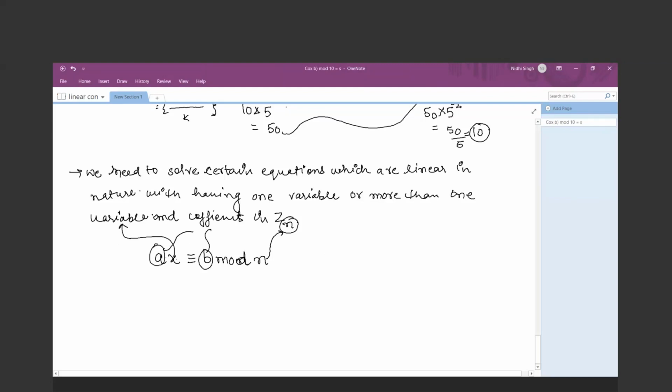So you have to find out the value of X over there. There can be one solution and there can be more than one solution, and sometimes there may be no solution. So how many solutions are possible? That we have to find out by using the concept of linear congruence.